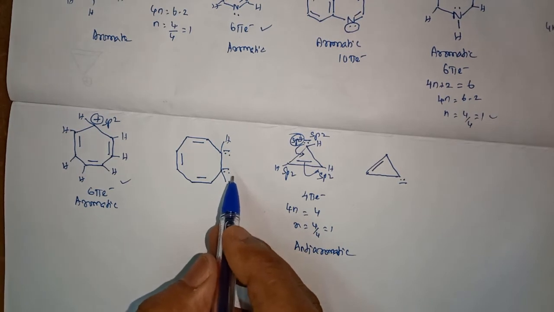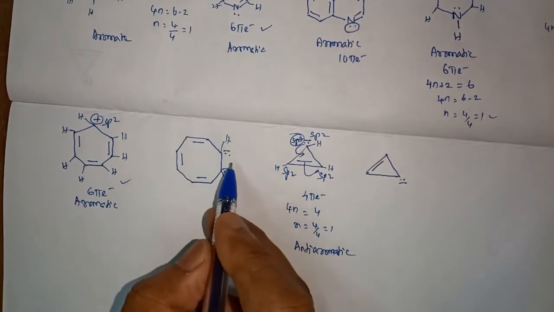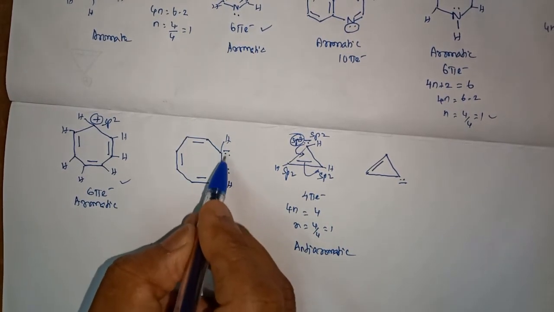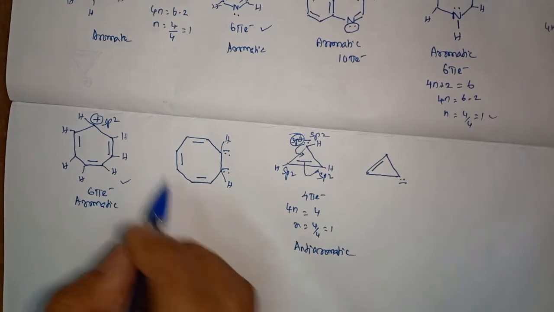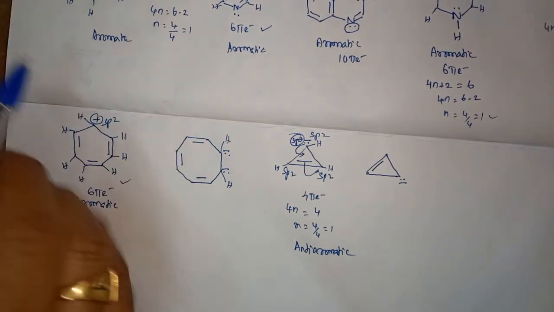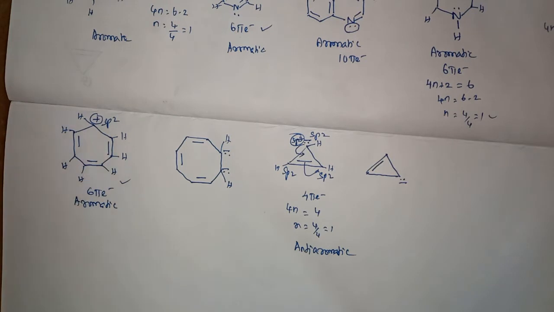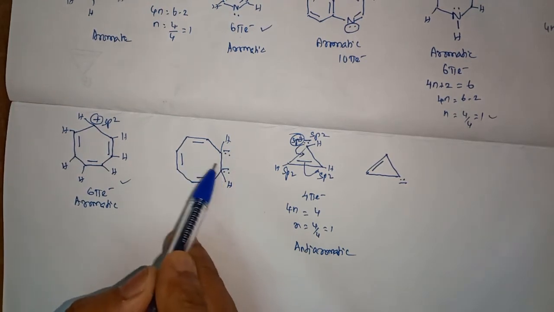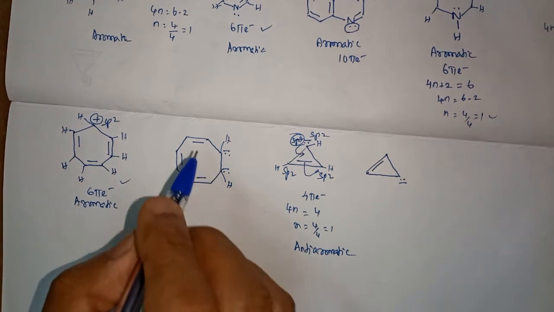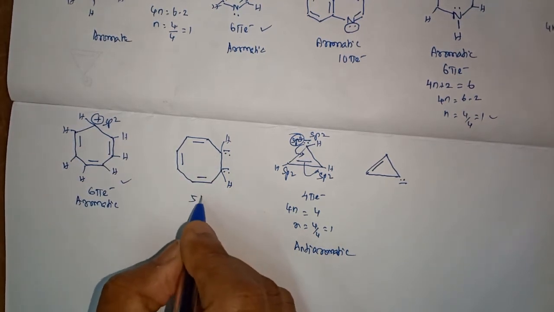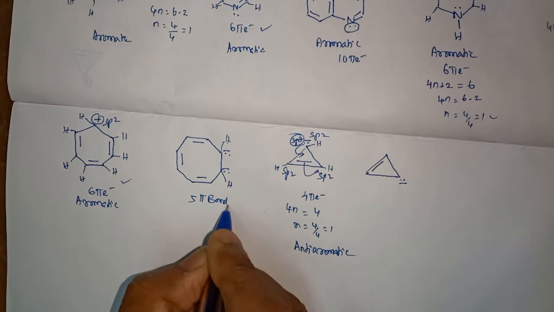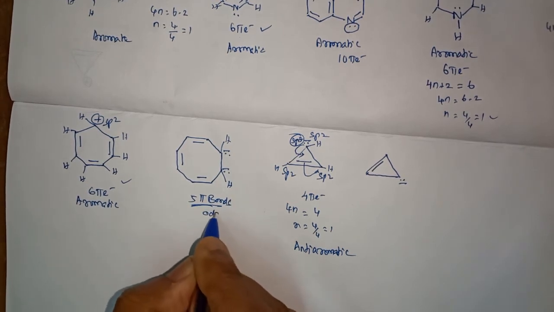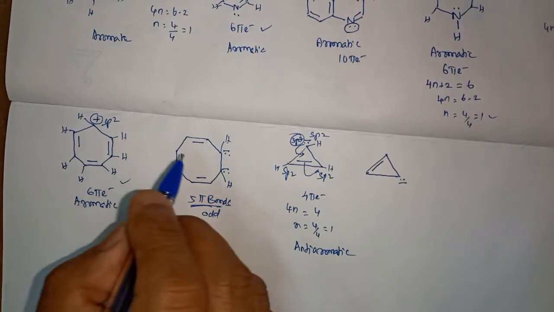Planar, yes, sp2, sp2, sp2, it is planar. Conjugation is definitely there. Then 4n plus 2. Before that, see the total number of pi bonds, odd or even. 1, 2, 3. Total number of pi bonds is 5. So it is an odd number. If it is an odd number, definitely it must be aromatic.